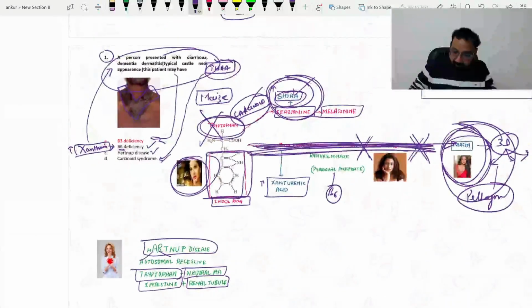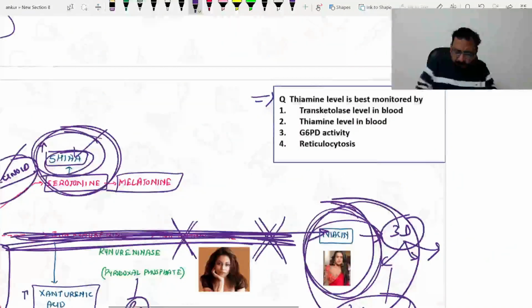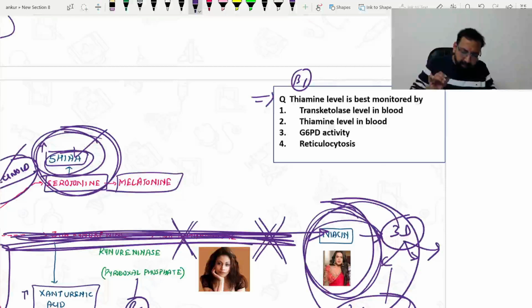So you will remember this. Now, one more question here only. B1 deficiency can be monitored by... If the question asks about best monitored, the answer is direct measurement of thiamine level by HPLC.